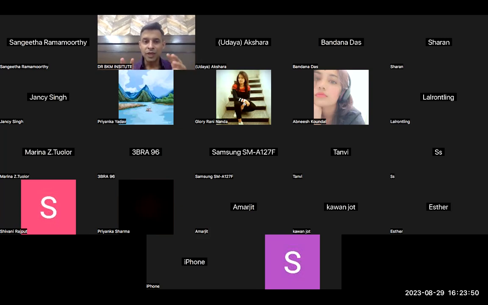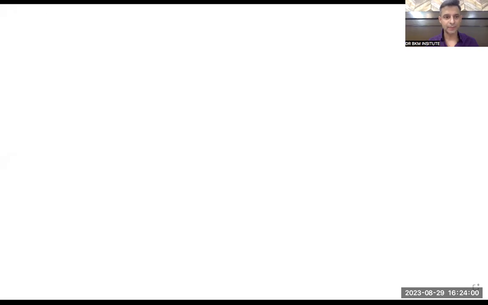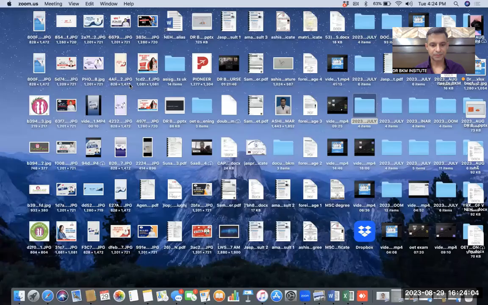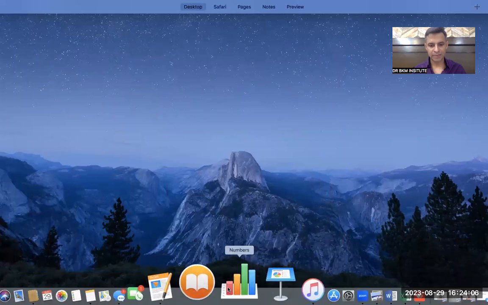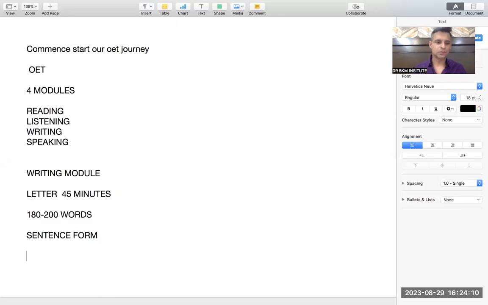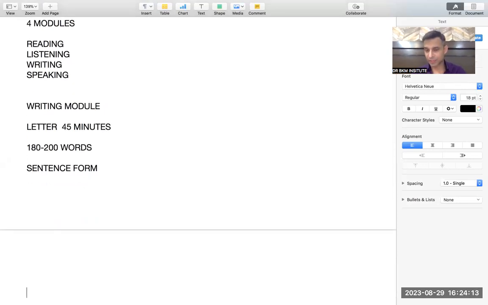Now we need to write about the patient to the new community health nurse. When it comes to OET, there are 4 paragraphs that you need to make. So I'm going to take this blank page and start writing the 4 paragraphs.